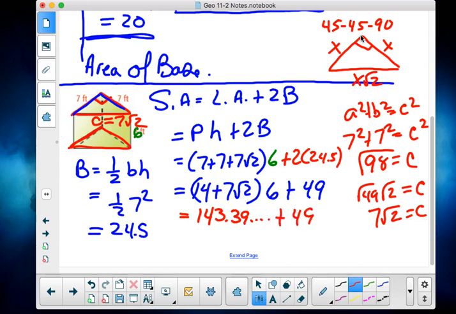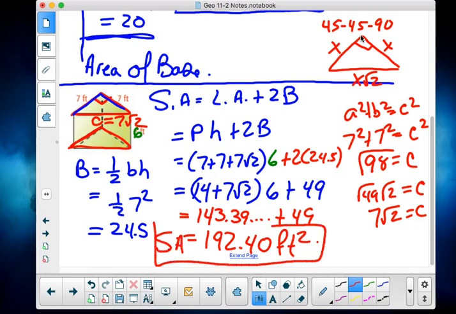Now I'm going to add 49, and I should come up with 192.40. That is going to be feet squared for my surface area, because I was asked for surface area. Keep that in mind. I've shown my work, and I've got it done.